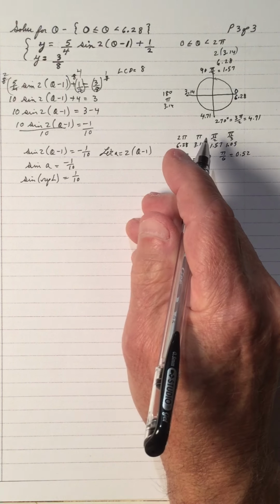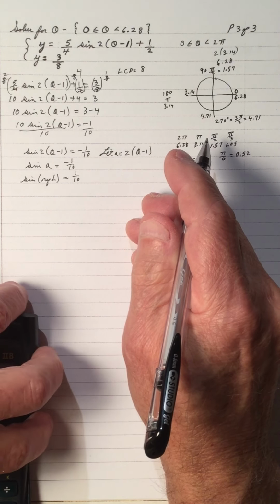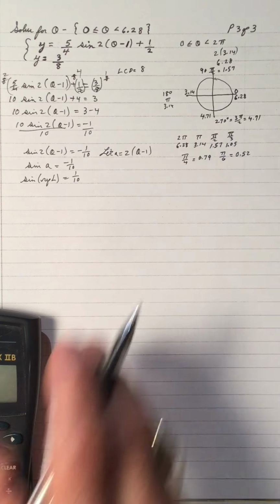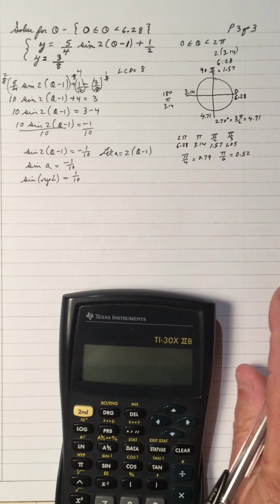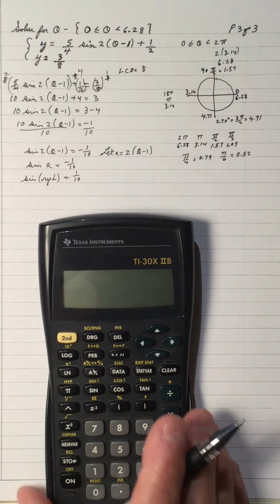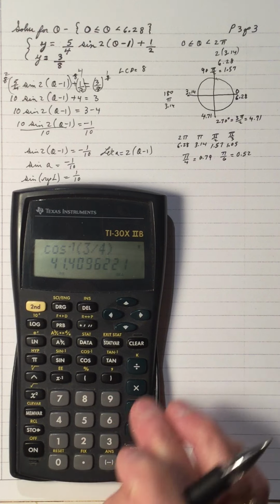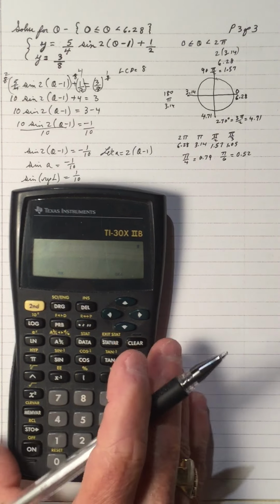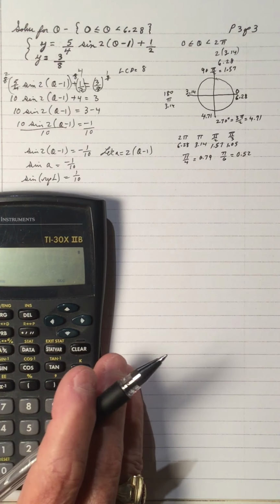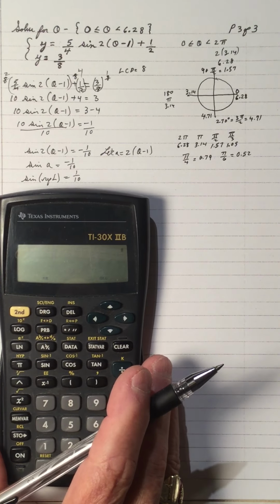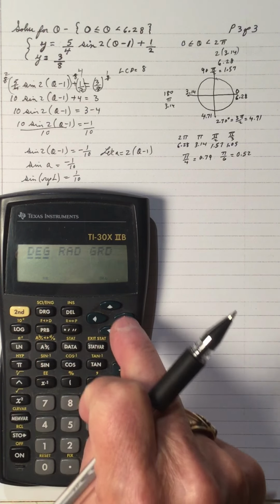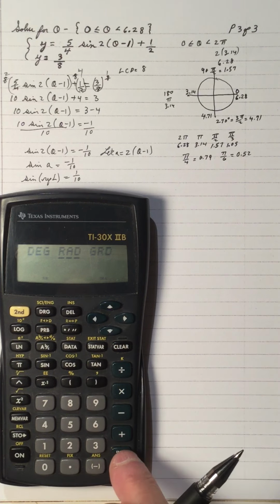Again, we have to use our calculator because this fraction is not a half, root 3 over 2, or root 2 over 2. But we have to be careful. Notice this is radian. When I turn on my calculator, it is in degree mode. So I have to change my calculator to radian mode if I'm going to work these out. I hit this button, scan over to radian, and hit enter.